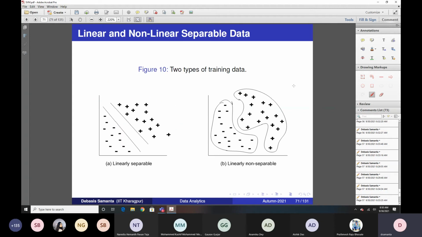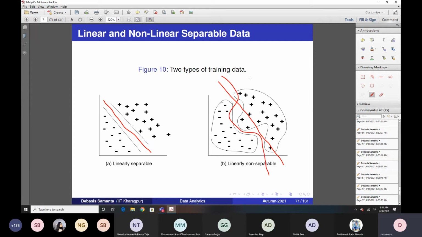Now here is a picture. In this picture, the first figure shows data which is linearly separable, and here a linear boundary is possible, and this is your hyperplane. On the other hand, in this figure we cannot have any linear boundary to classify the data, but we need one non-linear boundary, like this.